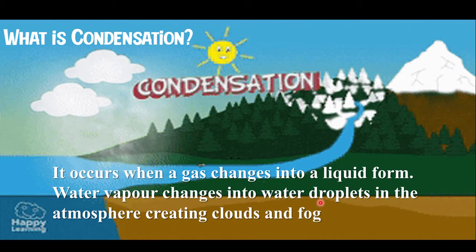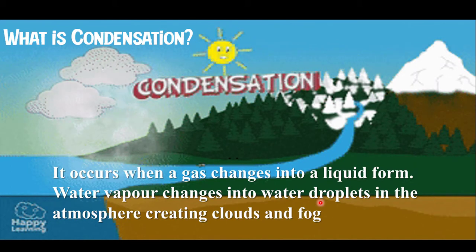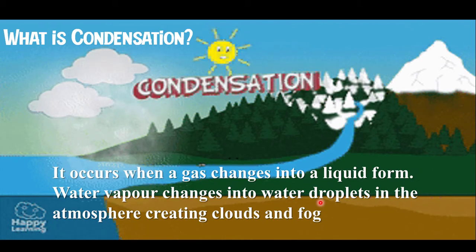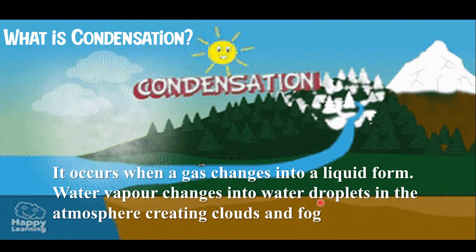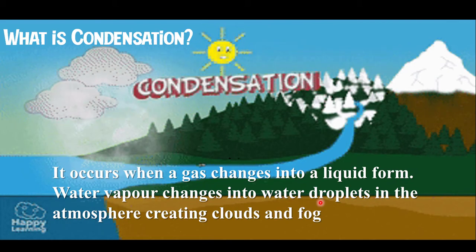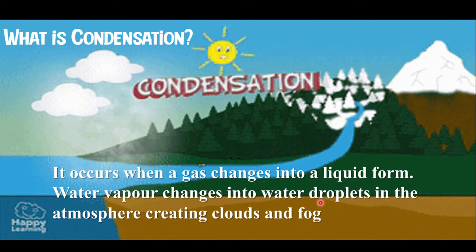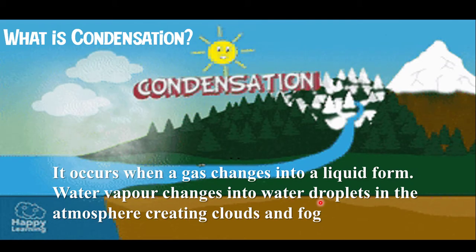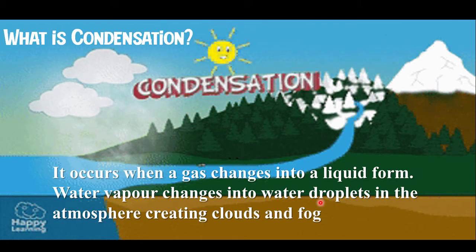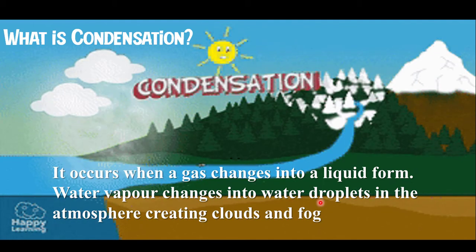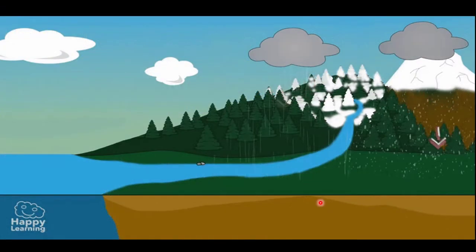So after these, water has changed from the liquid state on the ground to the atmosphere as water vapor. It changes into the liquid form, and this change is what we are calling condensation, as water changes from the gaseous state into water droplets, forming clouds. That is the condensation process.